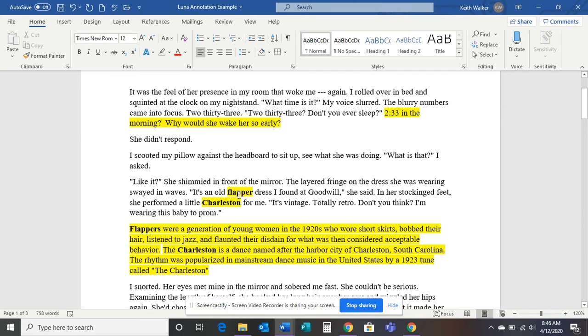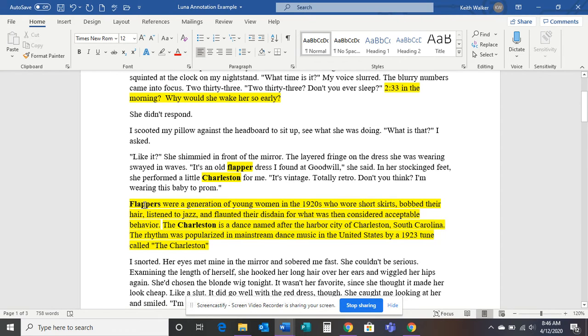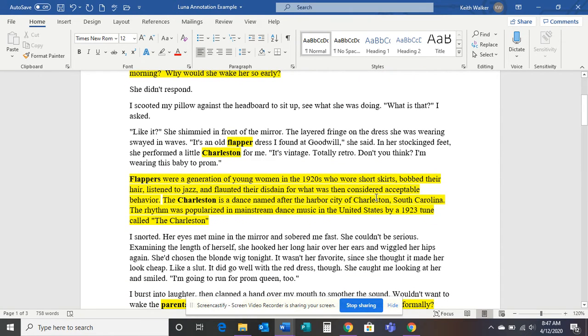So I highlighted both of these words because those are new vocabulary words for me, and I put them in bold. And down here, I annotated the definition. I looked it up, and flappers were a generation of young women in the 1920s who wore short skirts, bobbed their hair, listened to jazz, and flaunted their disdain for what was then considered acceptable behaviors. So I put an annotation in here, which was a definition for flapper.